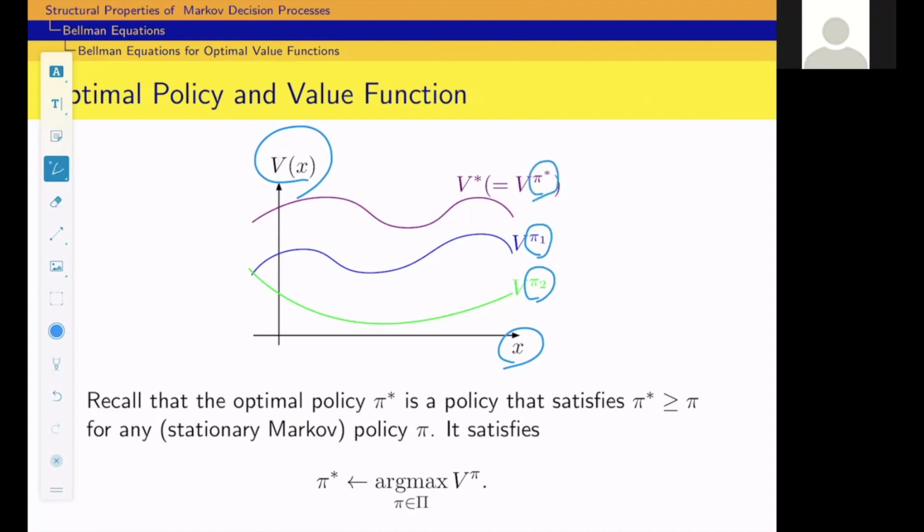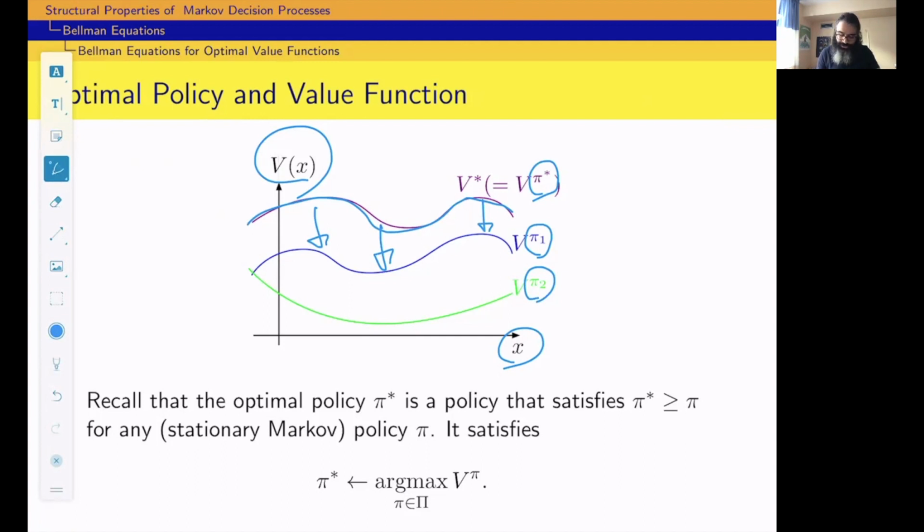You see that all of them are below the optimal value function. If we find a policy whose curve is the same as this curve, that would be the optimal policy, and the corresponding value function would be the optimal value function.